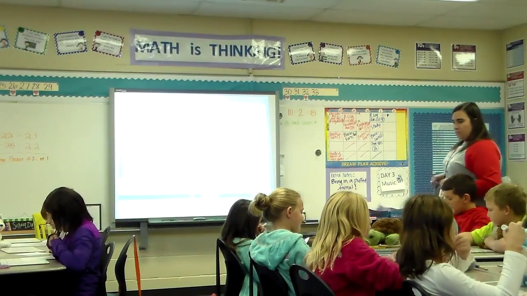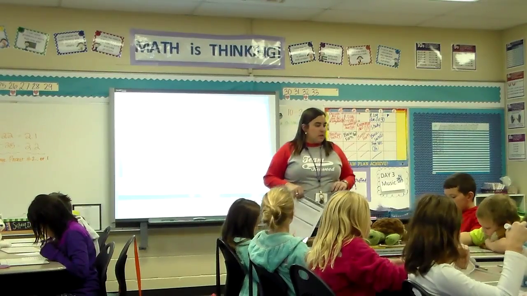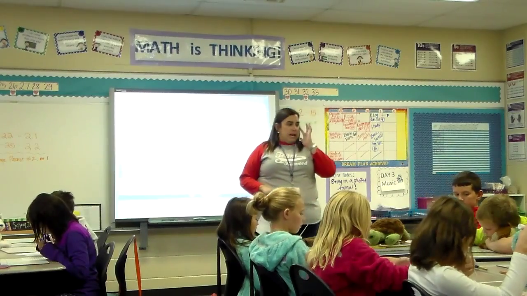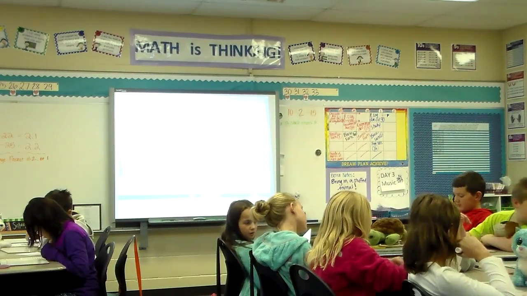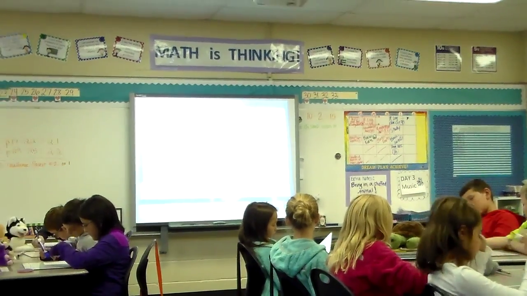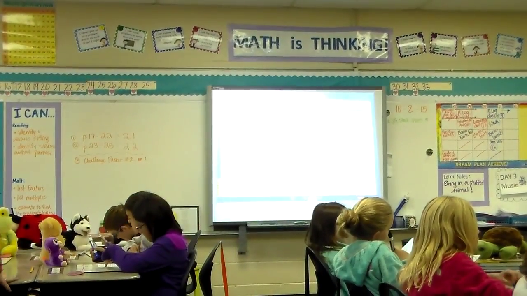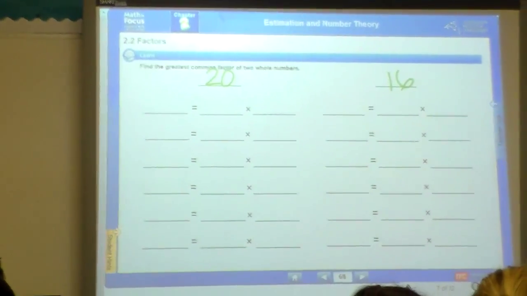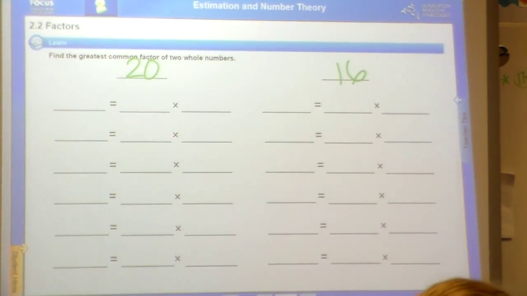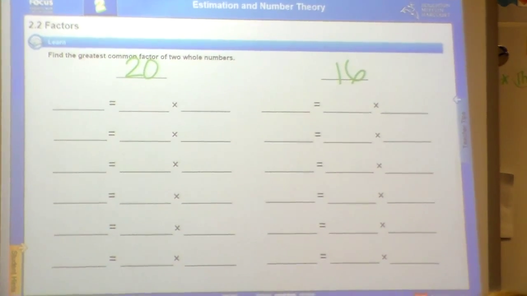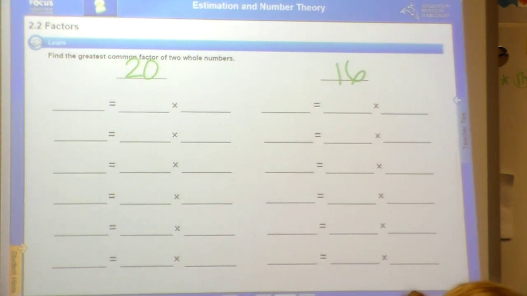When you finish writing out the multiplication sentences that equal those products, go ahead and list them in order from least to greatest. All right, go ahead and cap your markers.